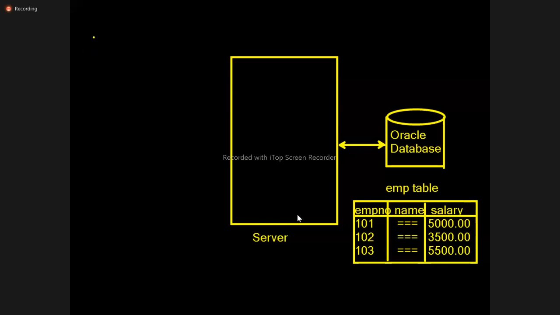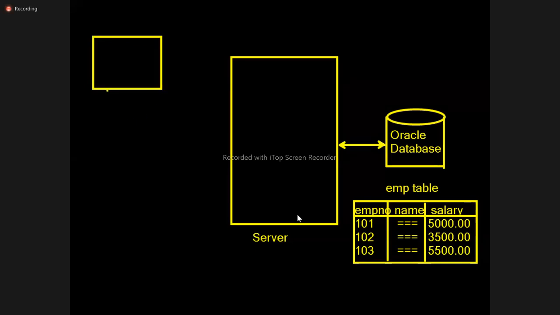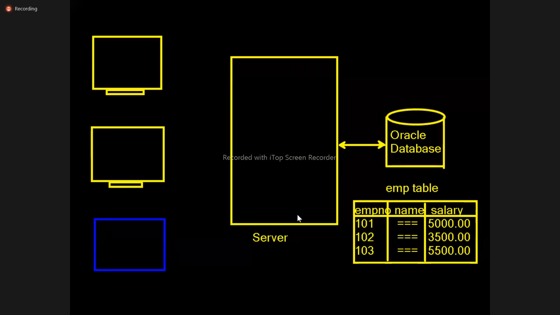Now, if you want to access it, a browser is required. Now, it is one client, one more client, one more client. These are clients: client 1, client 2, client 3.